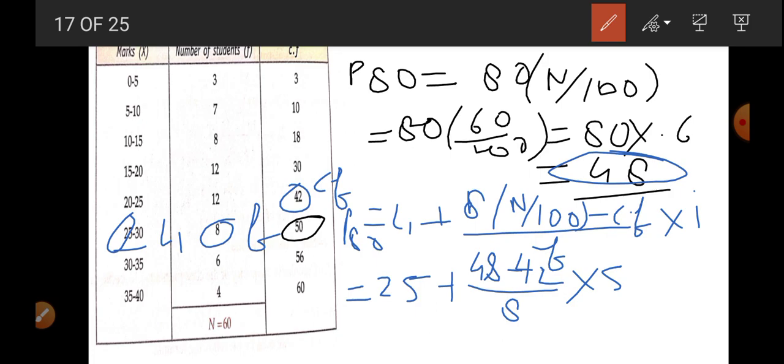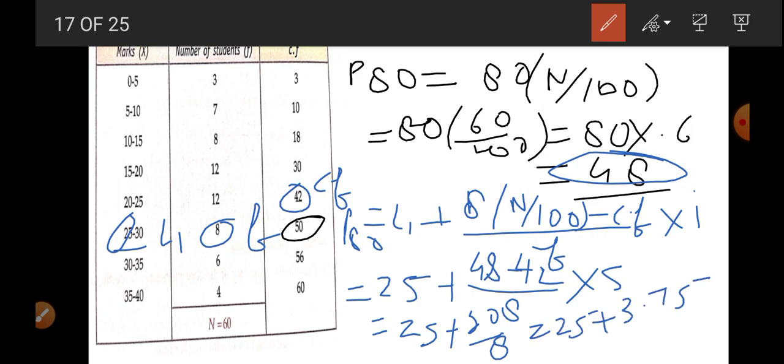So when we solve, we get 25 plus 30 upon 8. So it is 25 plus 3.75, that is, the answer is going to be 28.75.